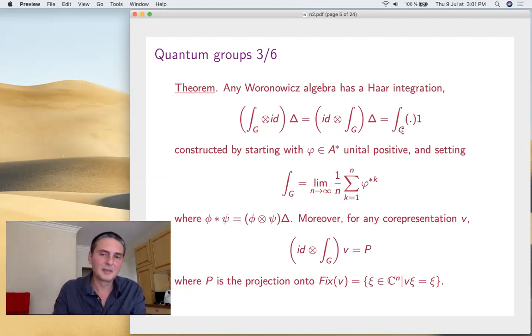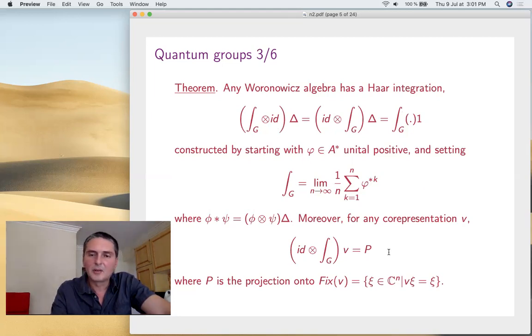Here we'll do exactly the same thing. So we take a unital positive linear form. That's somehow integration with respect to an arbitrary measure. And you take this limit, convolution being defined like this in terms of delta. It converges and it has this property here.